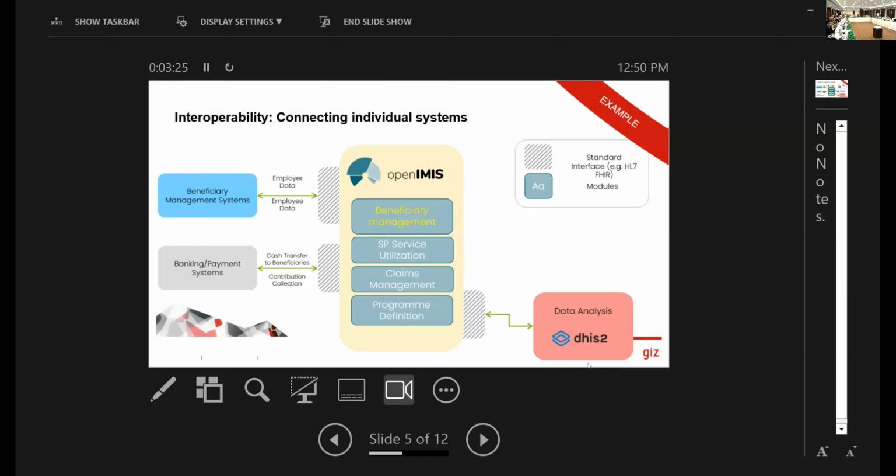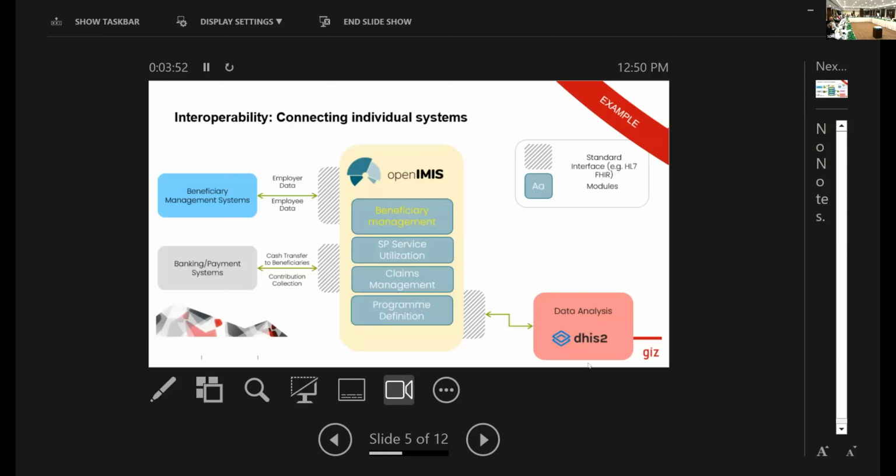On the left, again, as I talked about previously, you would need interoperability with payment systems, with banking systems. So either for a contributory social protection scheme, for contribution collection of funds, or for cash transfer to beneficiaries. So for either incoming or outgoing payments, you would need this interoperability with the banking systems.